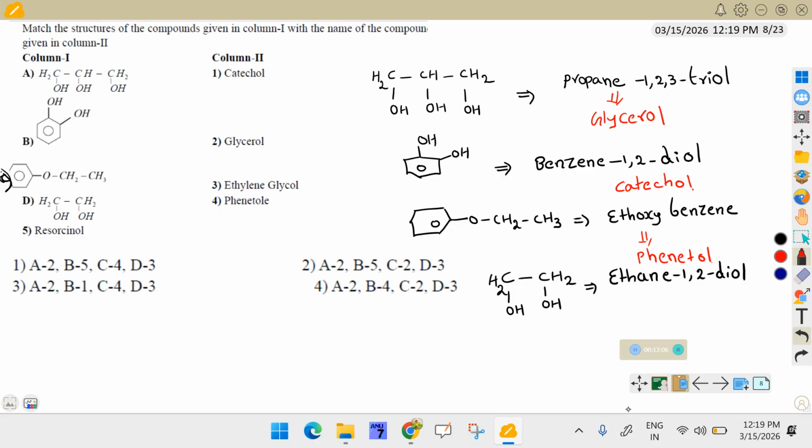And ethane-1,2-diol: the common name is ethylene glycol. Now you can check it. A is glycerol, A2. B is catechol, B1. A2, B1. So the correct option is the third option.